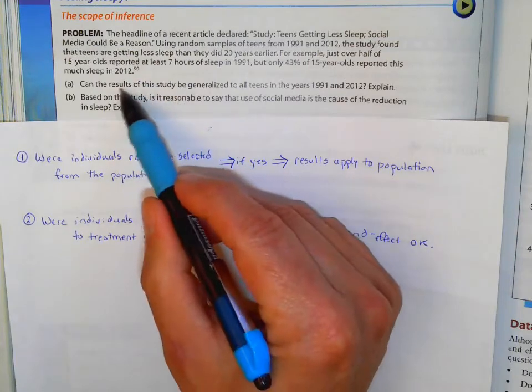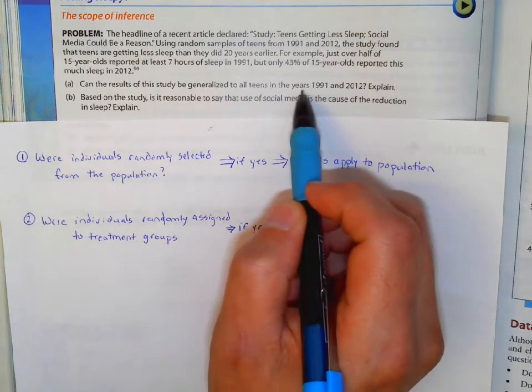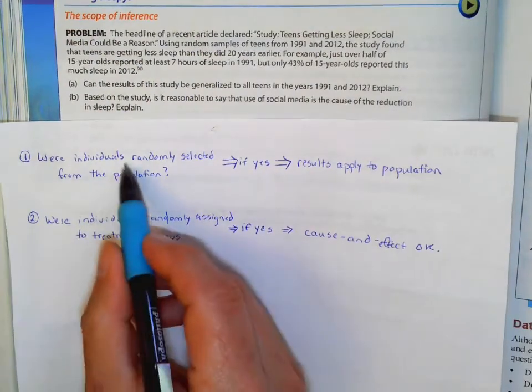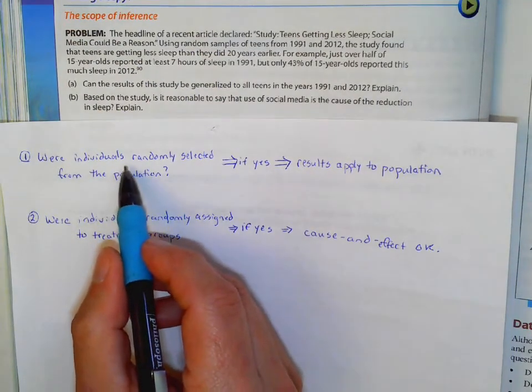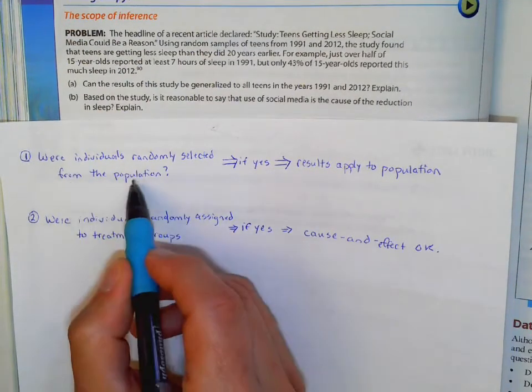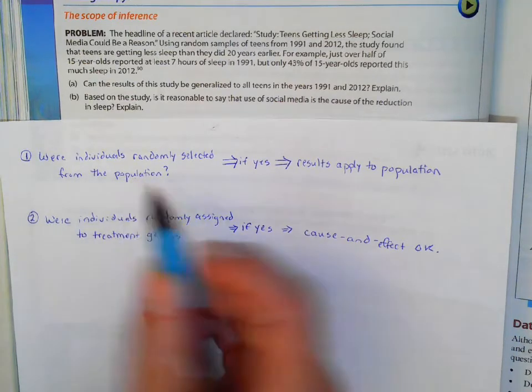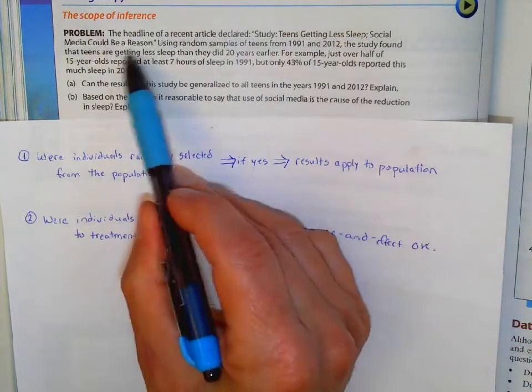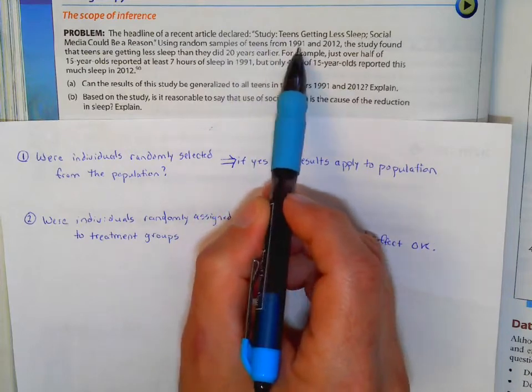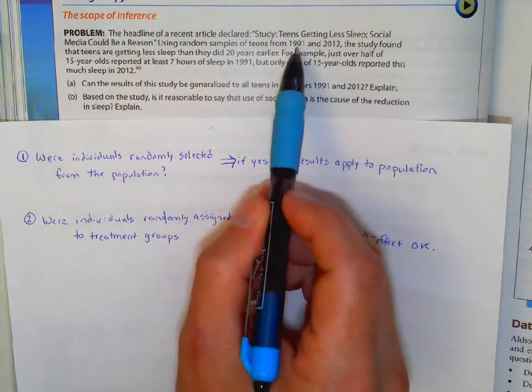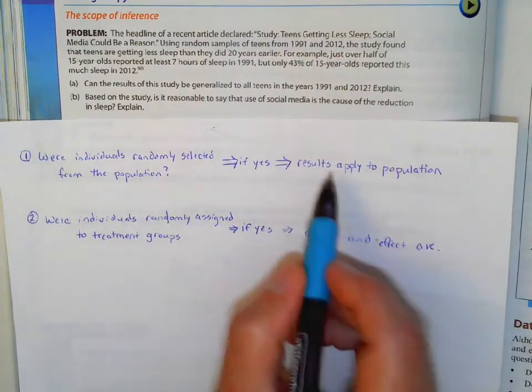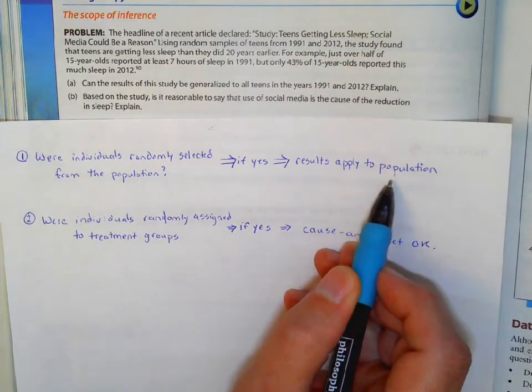So can the results be generalized to all teens in those years? The people that were randomly selected, were they selected randomly from the whole population of all teens? It says yes, they were, using random samples of teens from these years. So they were selected from the population, so yes, it can apply to all teens.